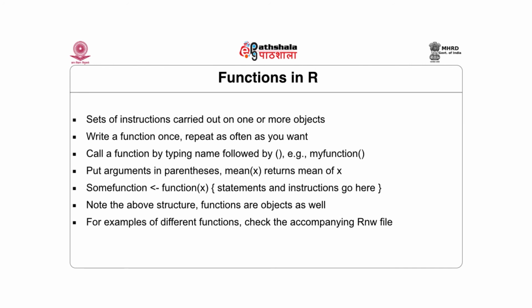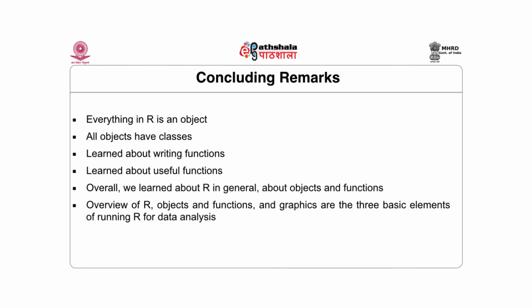So now that you have learned a little bit about objects and functions, and we'll see some hands-on examples soon, let's go for a quick recap. The recap is this: everything in R is an object. All objects have classes, and we learned that we could write functions.